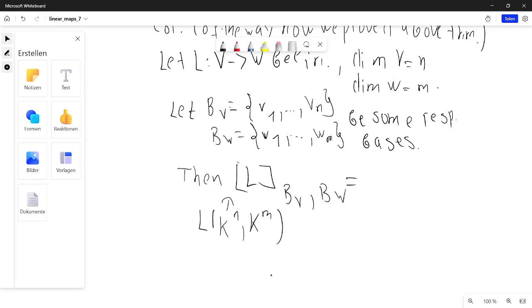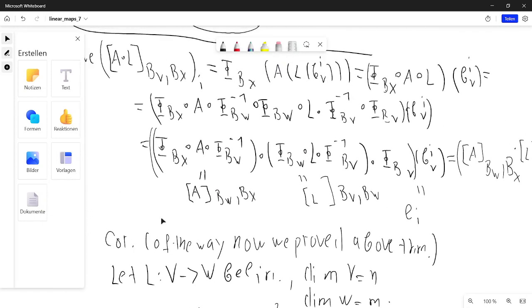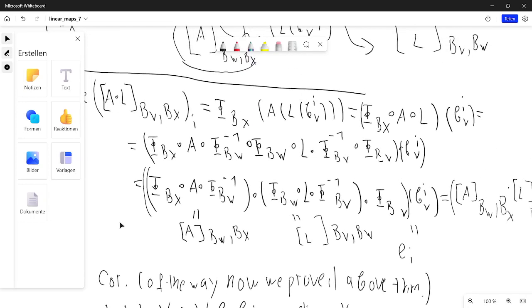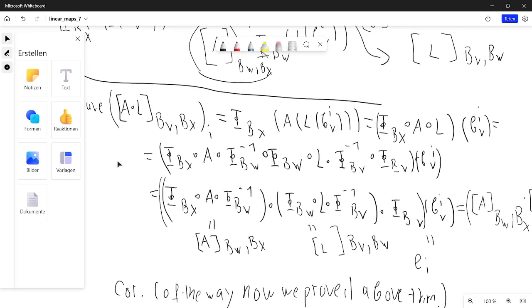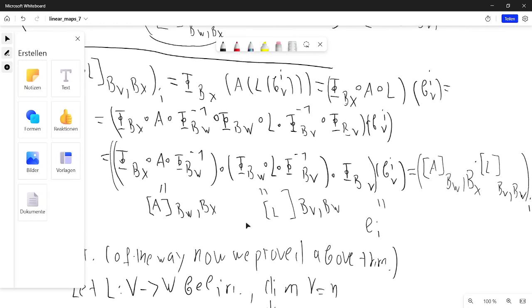Actually, I have already done it here, because I kind of assumed that this is exactly the matrix, even though it was the linear map defined by the matrix.